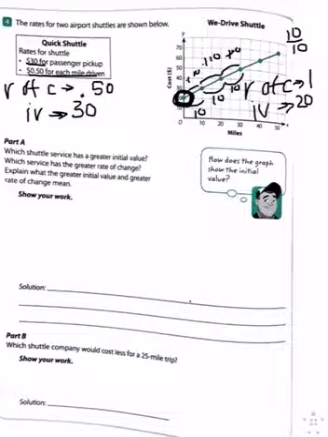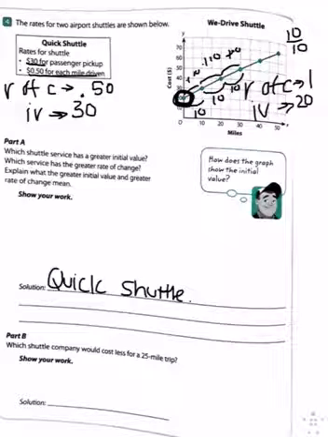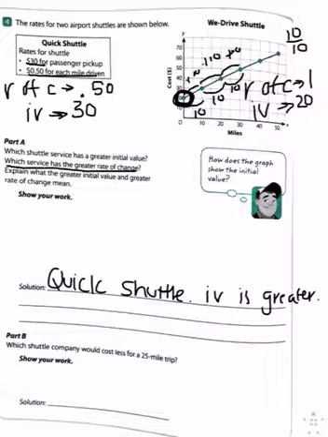In part A, it says which shuttle service has the greater initial value. Quick Shuttle has the greater initial value because its initial value is 30, while We Drive shuttle is 20. For the second thing, it asks which service has the greater rate of change.